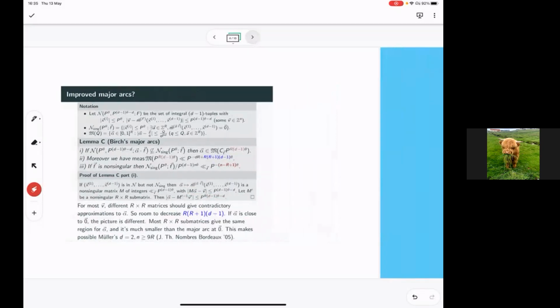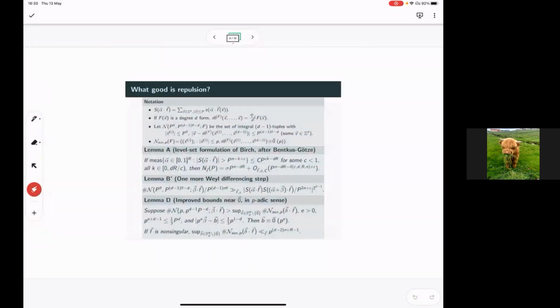And so on slide 4, then, we have the whole strategy laid out for using repulsion to prove a result in the style of Birch. So we see now the definition of this exponential sum, and this counting function that we want can be expressed as the integral of this exponential sum over the unit hypercube.